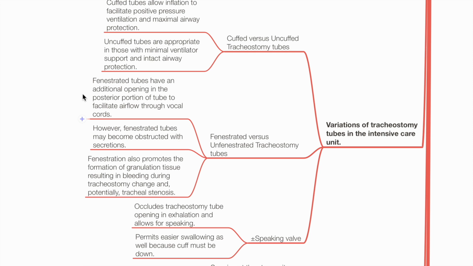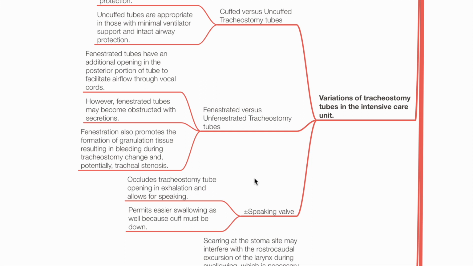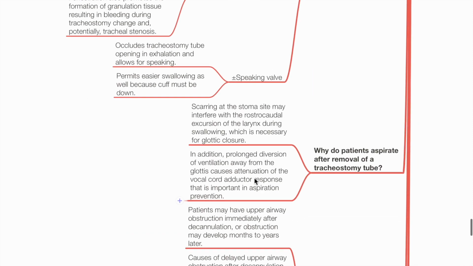However, these may be obstructed by secretions. Fenestration also promotes the formation of granulation tissues, resulting in bleeding during tracheostomy change and potentially tracheostenosis. A speaking valve may be added to the tracheostomy tube, which occludes the tracheostomy tube opening in exhalation and allows for speaking. It also permits easier swallowing, as the cuff must be deflated.